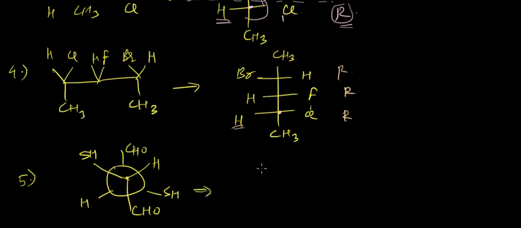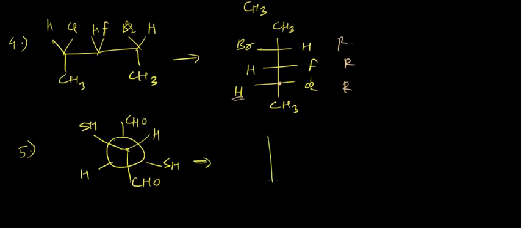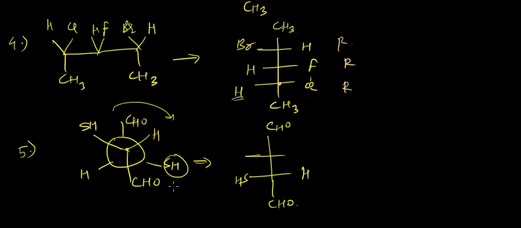So just convert it into Fischer projection, you will get something like H and SH over here, and on the backside carbon, you just have to rotate this bond so as CHO comes below the plane. So this SH will come on the left hand side, and this H will come on the right hand side. As you can see, these two are mirror images of each other, hence you just have to find the configuration of this and just reverse the configuration for the above carbon.